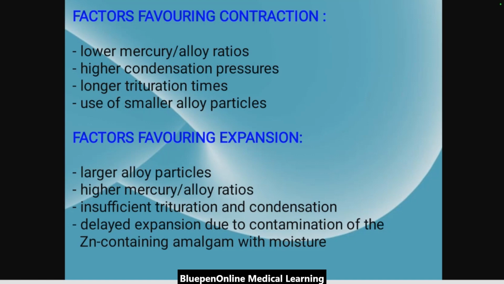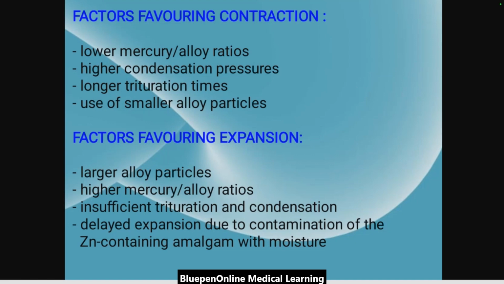Delayed expansion due to contamination of the zinc containing amalgam with moisture is one more example of expansion. This occurs after 24 hours. It is not seen immediately after the restoration is placed. It is known as delayed expansion. This occurs because of the presence of zinc.